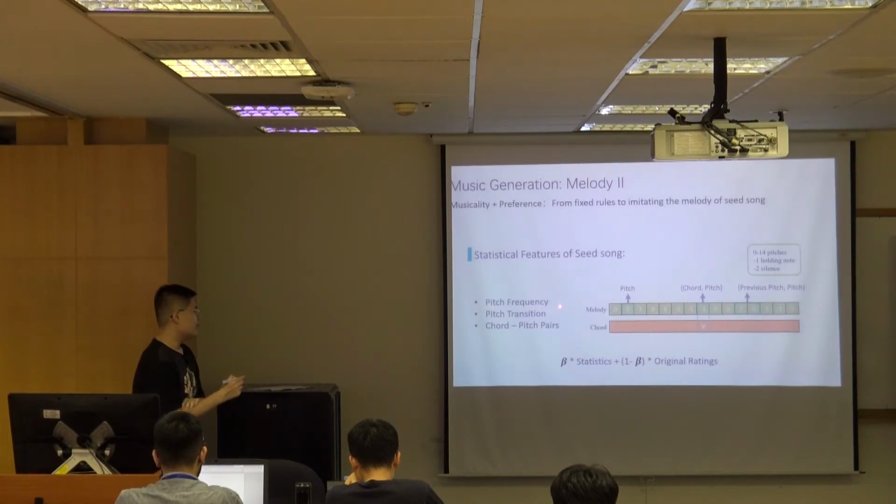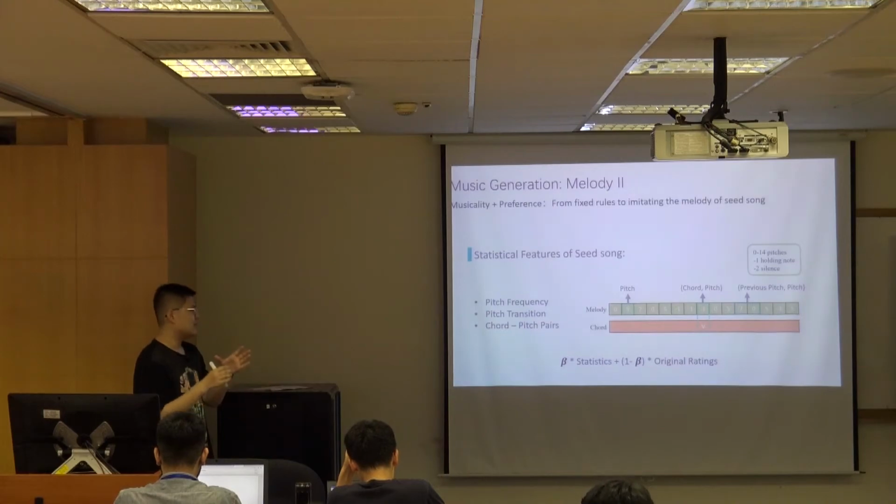It cares about the pitch frequencies, the pitch transitions of the melody, I mean two consecutive pitches, and the chord-pitch pairs of the melody and chord. So now we have the penalty functions defined according to music theory rules, and we have the statistical features of the seed song melody, and we use the parameter beta to control how much it depends on the music theory and how much it depends on the statistical features of the seed song.